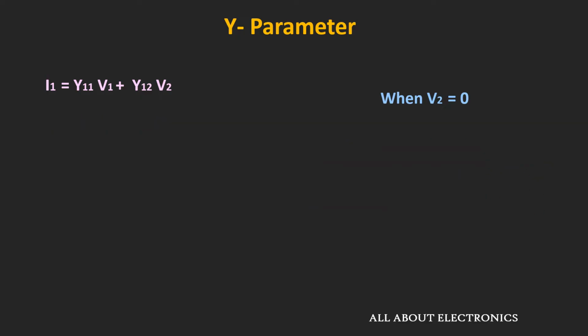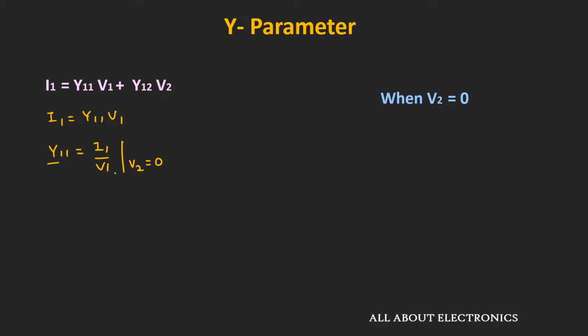So in this condition, the first expression can be written as I1 is equal to Y11 times V1, or we can say that Y11 is equal to I1 divided by V1, and at that time this voltage V2 is equal to 0. Now if you see the unit of this parameter, then it has a unit of admittance, and in fact that is why it is represented by the symbol of Y.